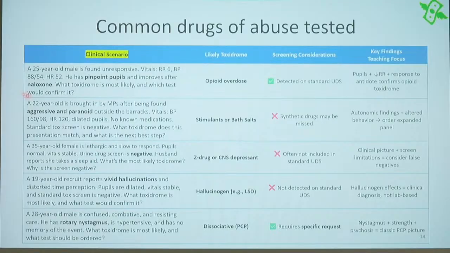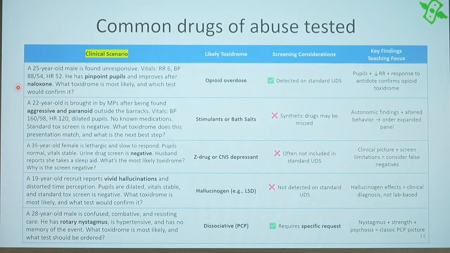What's naloxone? Opioid antagonist. So it's going to kick that opioid off of the mu receptor. Because of these characteristics and the clinical presentation, you would suspect opioid overdose, and this is found on the standard UDS.